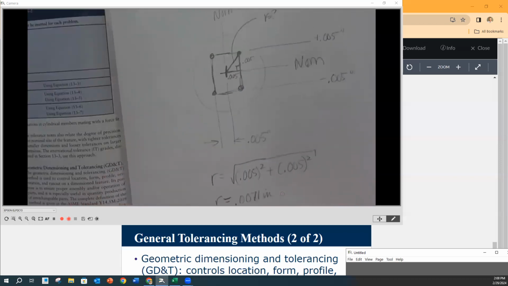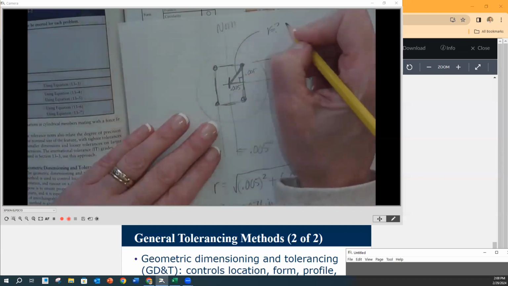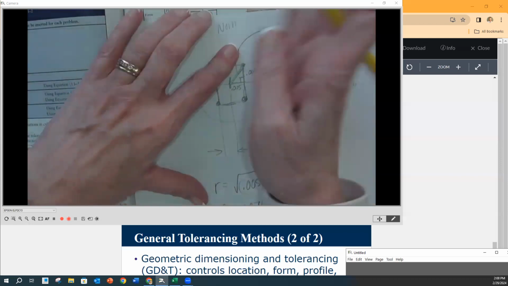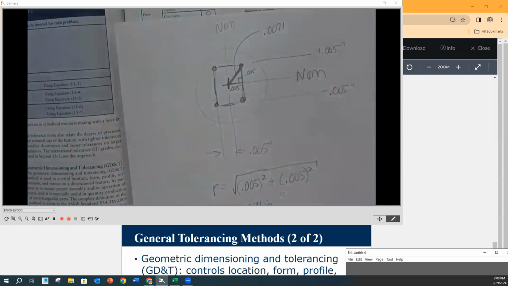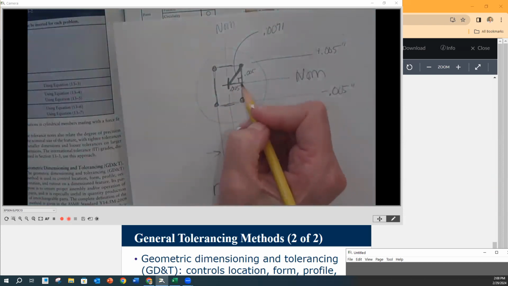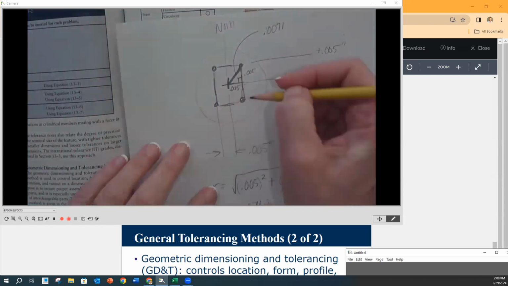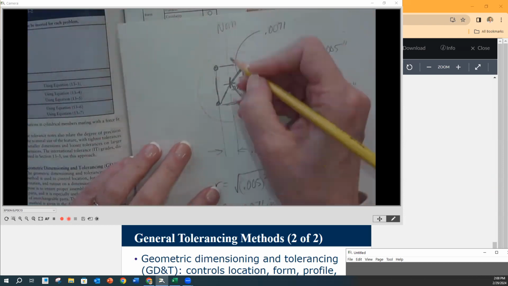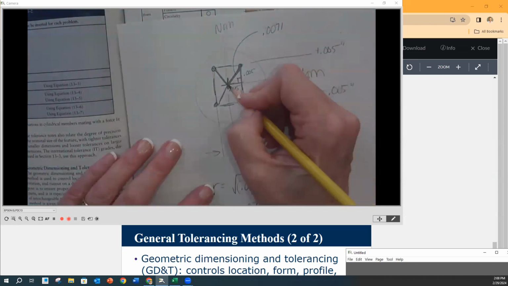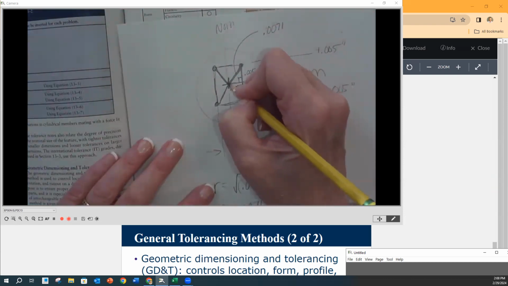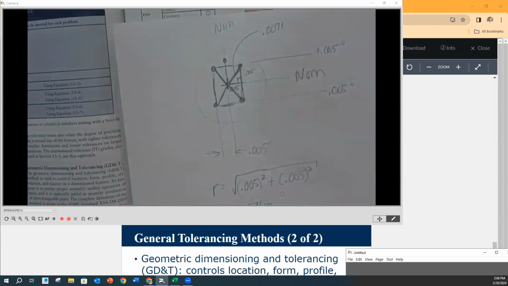Okay, so let's go up here. This radius right here that came across, that's 0.0071, right? Now, I will accept on +5, +5. I will accept that's going to be the same radius to here, and to here, right? But if I go 0.0071 and I land right here, what am I going to do for the location of that hole?